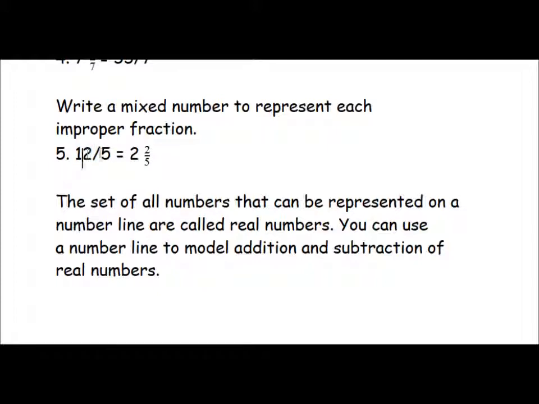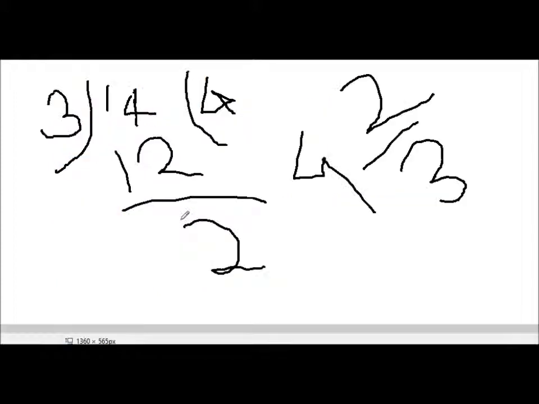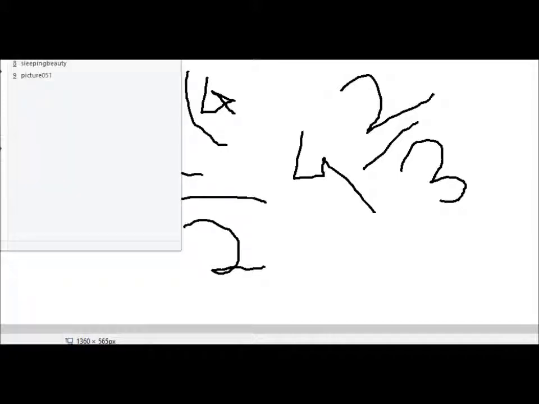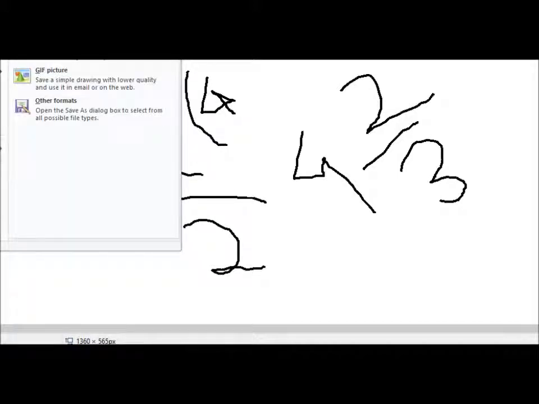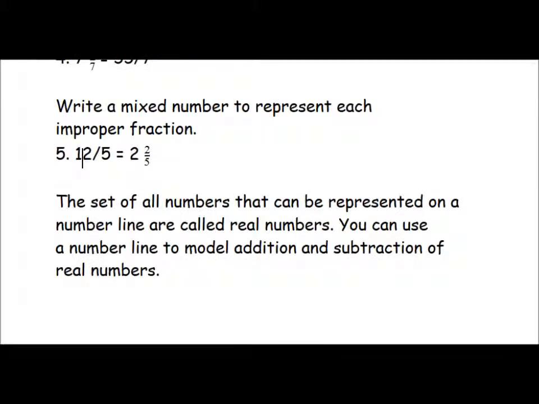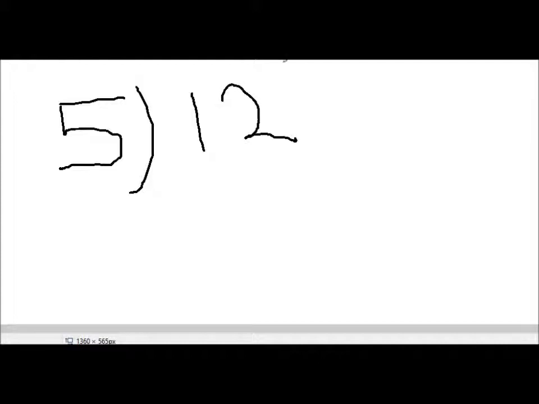So for 12 by 5, let's divide 12 by 5. So 5 2s are 10, because 5 3s are 15, and 15 is greater than 12.